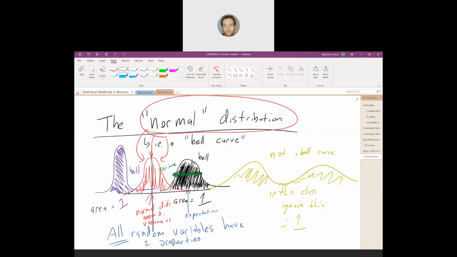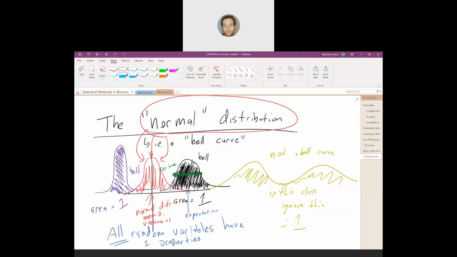distribution. So no matter the bell curve, ignore the specifics. Just talk about the red one. Anything you can say about the red one, you can shift and squash or pull any other bell curve to be the red one. And then you can reverse the process. So anything you want to talk about bell curves, let's just talk about the red one and nothing else.